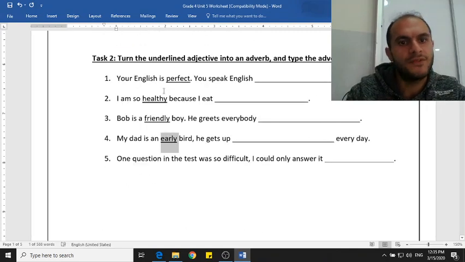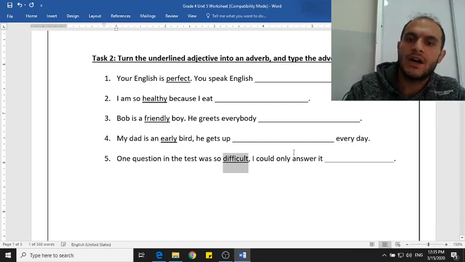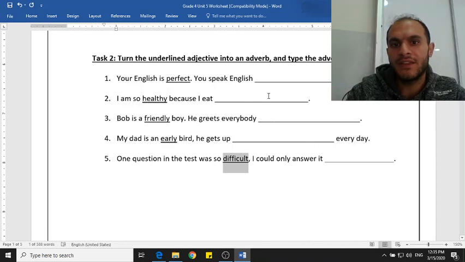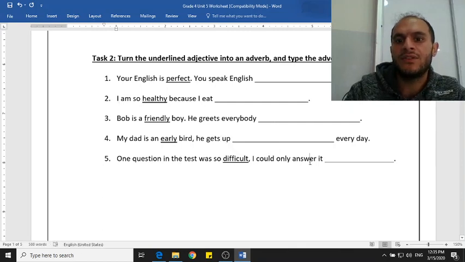We have perfect, healthy, friendly, early, difficult, and instead of making them adjectives describing the nouns, as you can see, healthy describes I, friendly describes Bob, early describes Dad, and difficult describes the test. We are going to describe the verb speak.